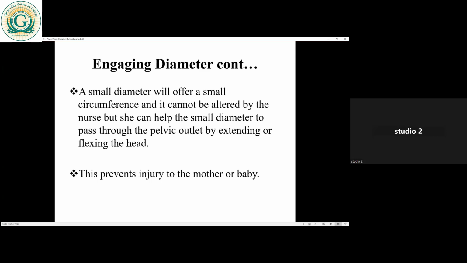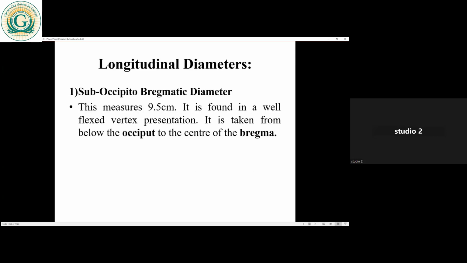So what are the common diameters? We have longitudinal diameters and we have horizontal diameters. The longitudinal diameters, the names are there. Sub-occipitobregmatic diameter. When you look at the head, we divide it into three regions: occiput, sinciput, and vertex.